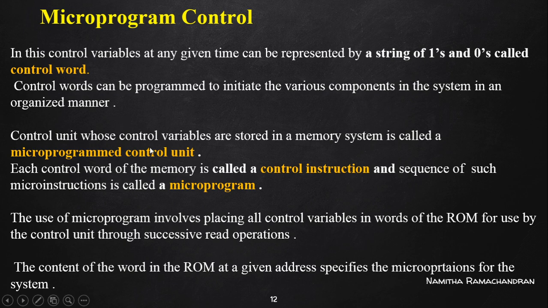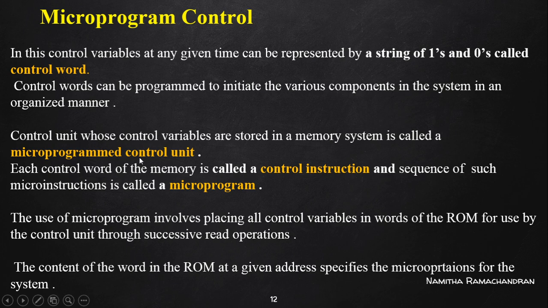The control unit whose control variables are stored in a memory system is called a microprogrammed control unit. That means in the design of a control unit, all such control words are stored in a particular memory system. Then such a control unit design is known as a microprogram based control unit.